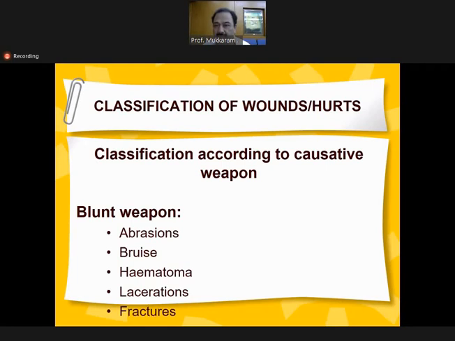Injuries can be because of a plane accident, or a train accident, or different accidents. But a car is a hardened blunt weapon. When it hits a pedestrian or a motorcyclist, it will produce injuries like abrasions, bruises, hematoma, fractures, lacerations, etc.